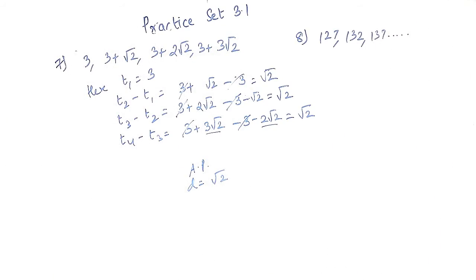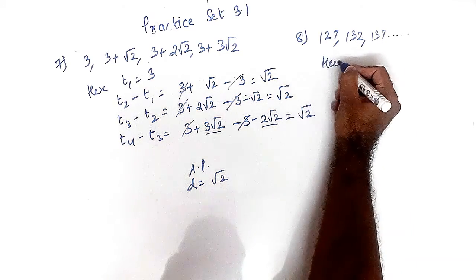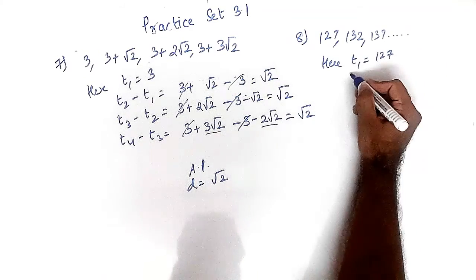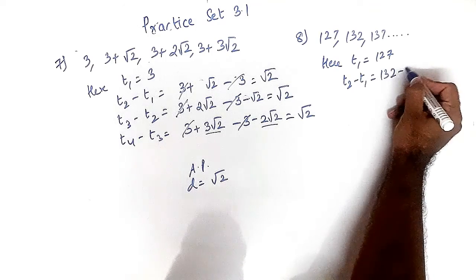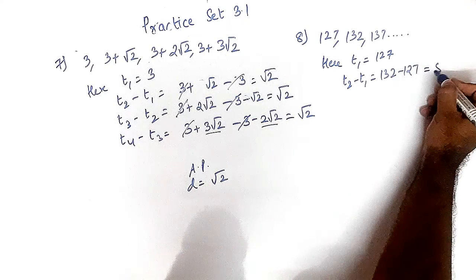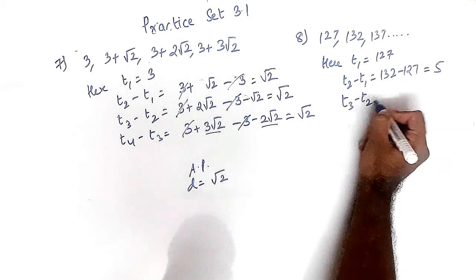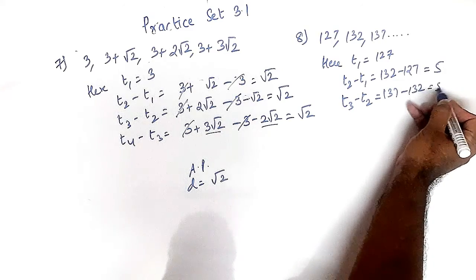Very simple. It is so simple. You can see the difference is 5. Here T1 is equal to 127, T2 minus T1 is equal to 132 minus 127, that is equal to 5. T3 minus T2 is equal to 137 minus 132 equals to 5.